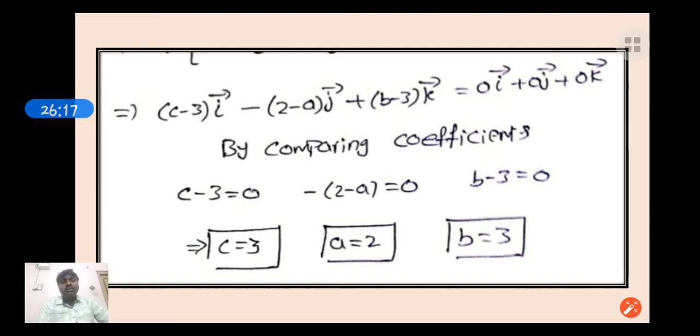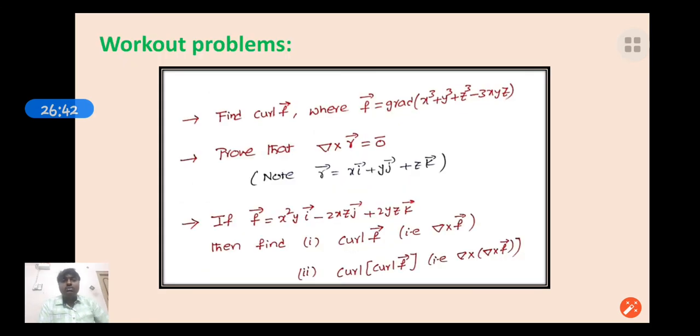Whenever a vector point function is given, we can calculate its curl. After that, I gave the physical interpretation of the curl of a vector point function, and the definition of irrotational. If the curl of f bar is equal to 0, then it is called an irrotational vector point function, or conservative vector point function.